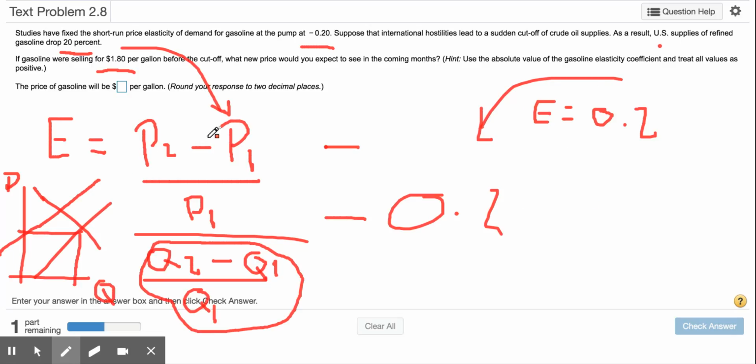Okay, so let's just apply these numbers into this formula. So the question is asking us to calculate P2 because we already know P1. So I'm just going to plug the numbers. P2, that's what we're looking for, minus P1, which is 1.8. Beyond this point, everything is going to be mechanical, divided by 1.8.